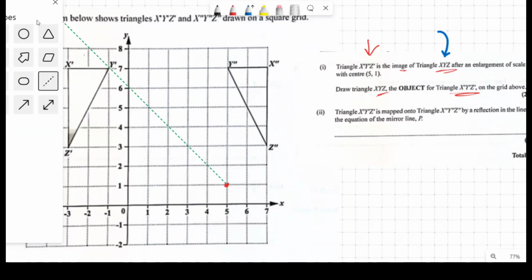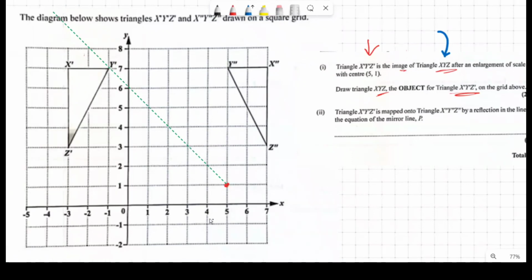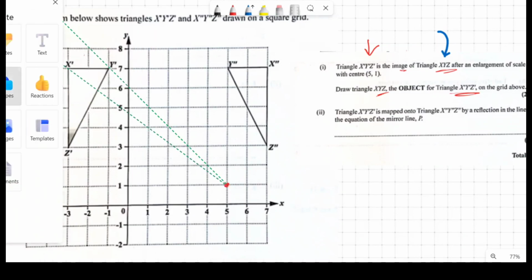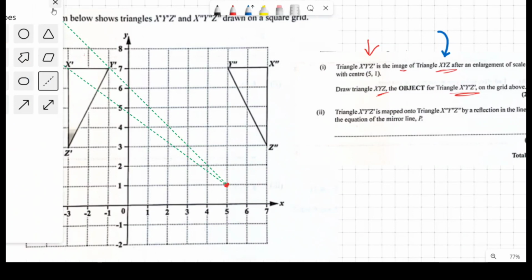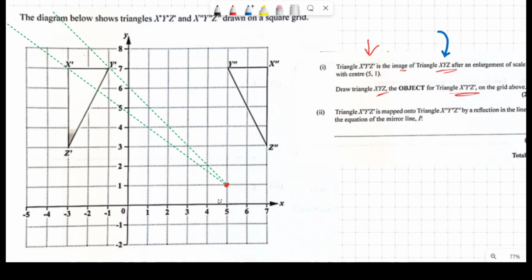And then the next one is that I want to draw this from the center through X prime. You see that? And the last one, I'm going to draw it from the center.